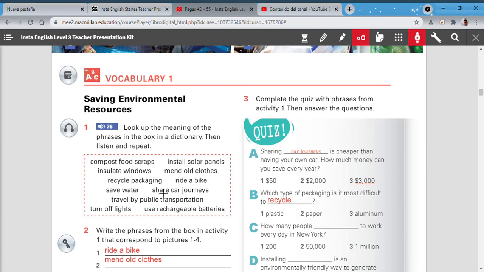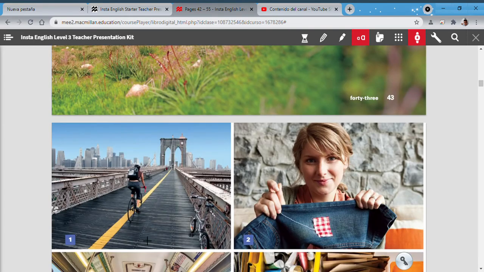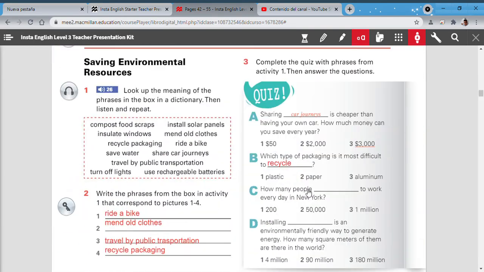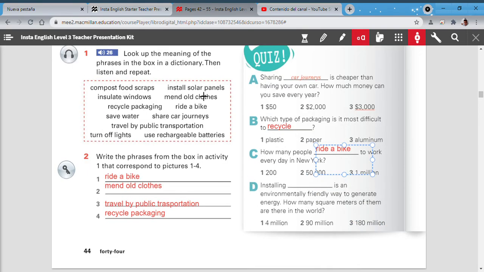I help you. Number 1. The picture number 1. Ride a bike to work. Let me see. Ride a bike to work. Excellent. Now let's continue. Installing. That is easy.